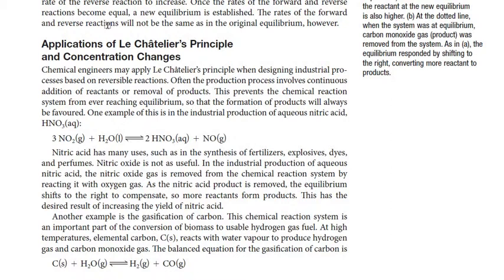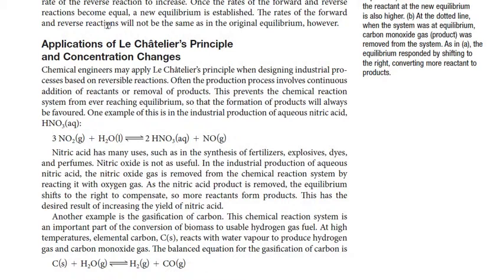The nitric oxide gas is removed from the chemical reaction system by reacting it with oxygen gas. As the nitric oxide is removed, the equilibrium shifts to the right to compensate, so more reactants form products. This has the desired result of increasing the yield of nitric acid.